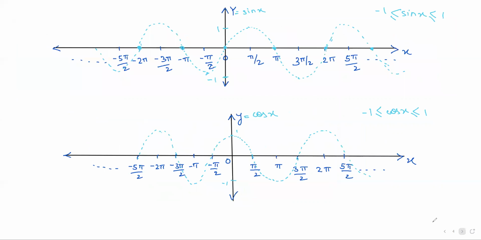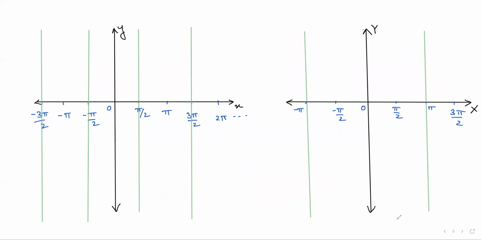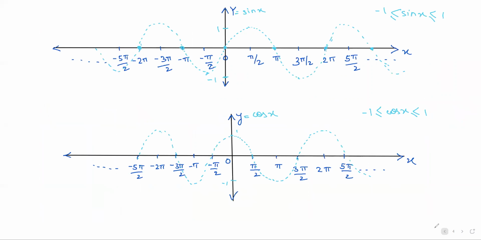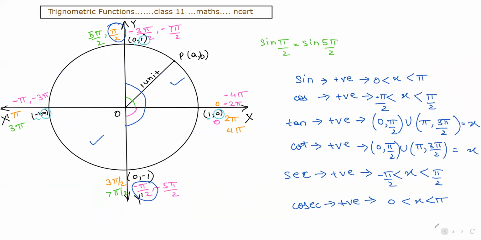Let's draw the first quadrant first. Tan x is increasing from 0 to infinity. So this looks something like this in the first quadrant. What happens over here? Here you have minus infinity.